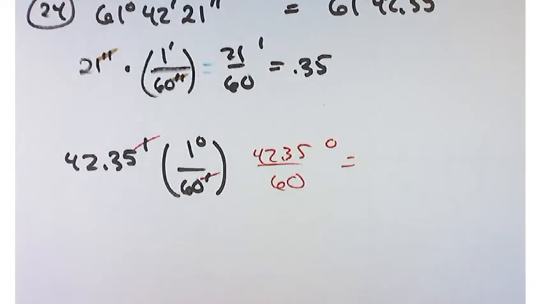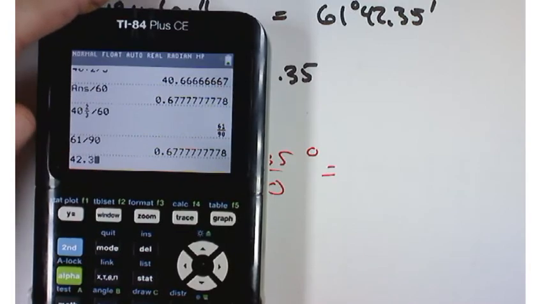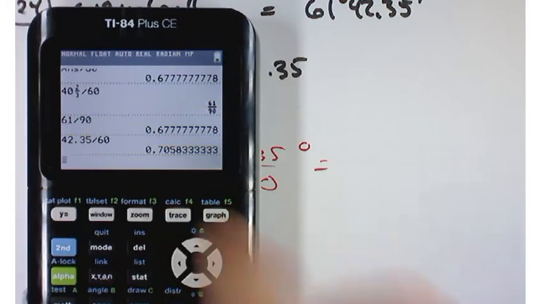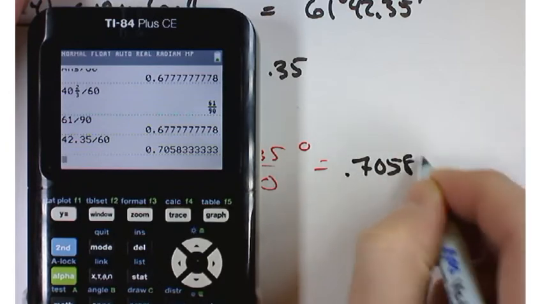Probably finish it out by getting a nice decimal value here, which is what I was looking for. So 42.35 divided by 60, 0.7058333.